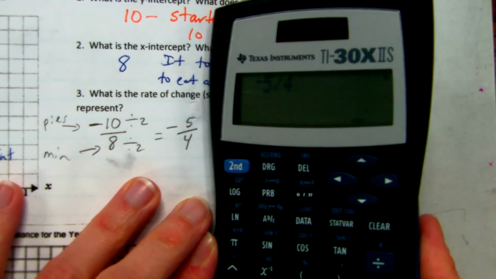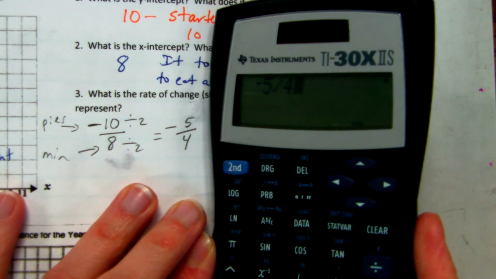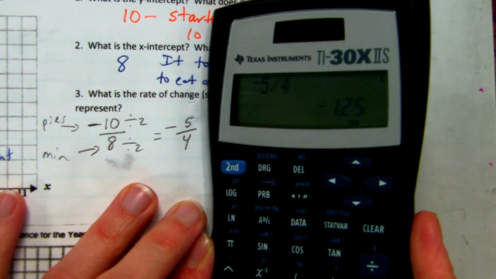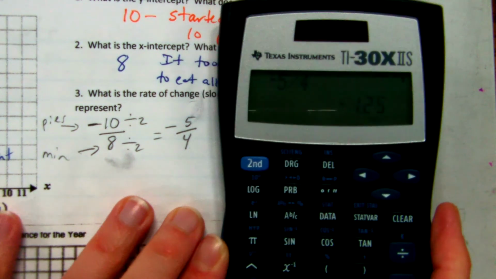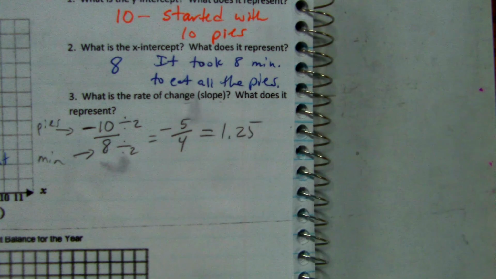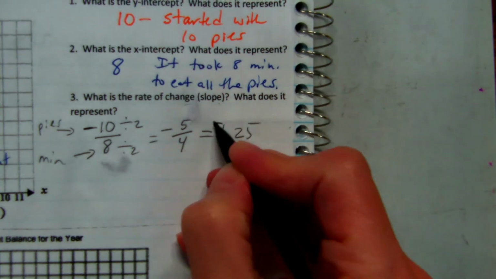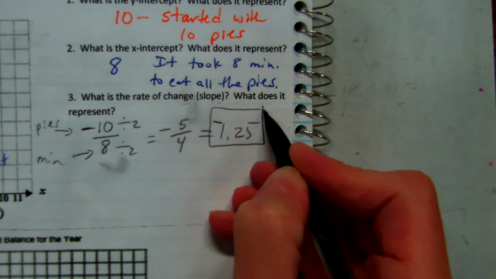We're going to do it the easy way with the calculator. So I just use my divide key. Okay? Divide it, and we get negative 1.25. So that's another way to write the slope. It's negative 1.25. So that's the slope or the rate of change.